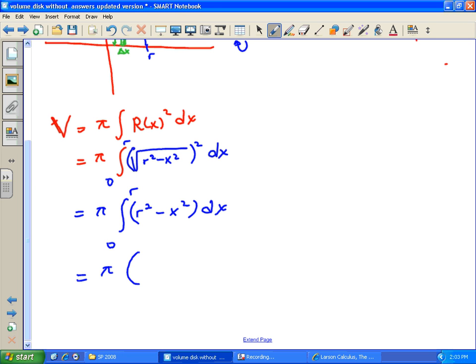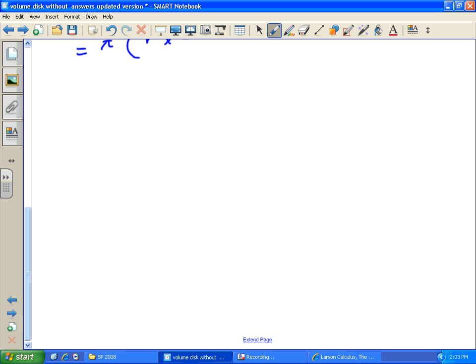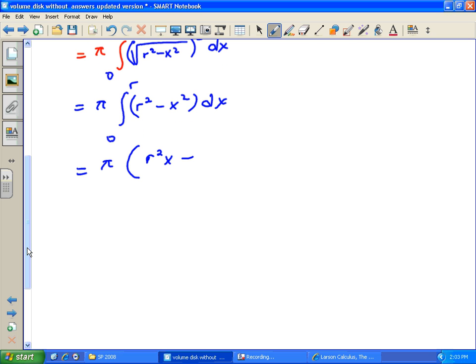So that's the first part. What is the integral of x squared with respect to x? Nothing unusual about that one. That's old stuff, right? x cubed over 3. The limits are from 0 to r, and remember, this is x equals 0 to x equals r.